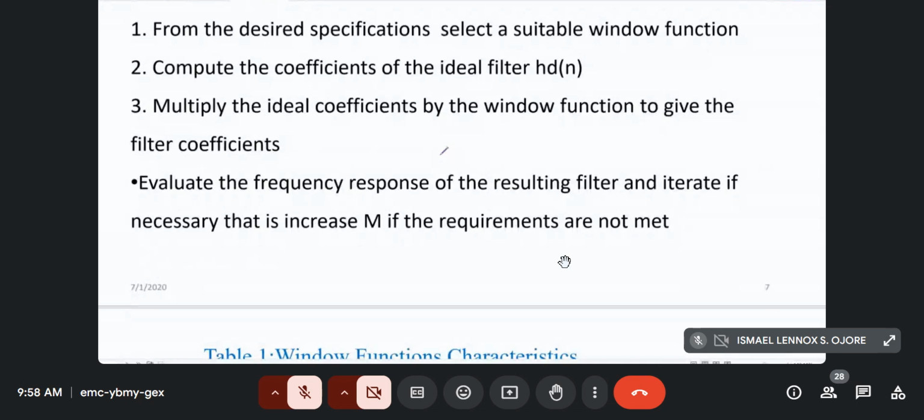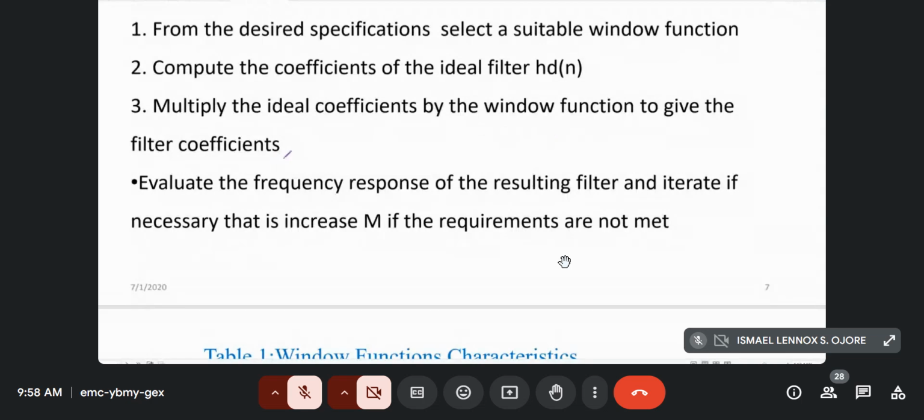And when we do that, we call it just h(n): h_D(n) multiplied by the window. Multiply the ideal coefficients by the window function to give filter coefficients.